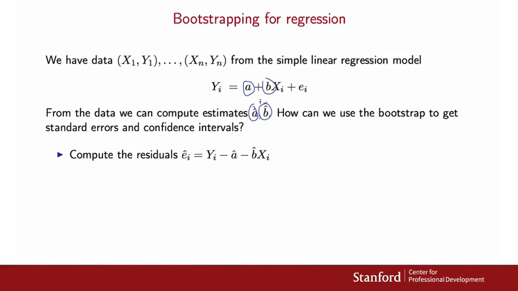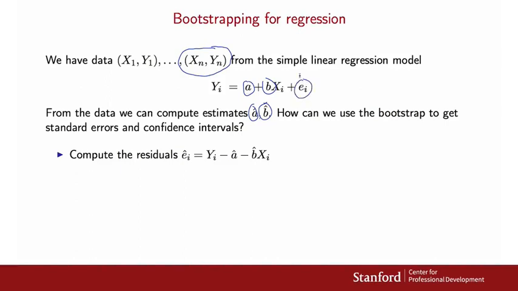Now we would like to have some standard errors for these estimates. How would we use the bootstrap to do that? The key point here is that we don't resample the whole pairs of observations, but rather we resample the error terms.